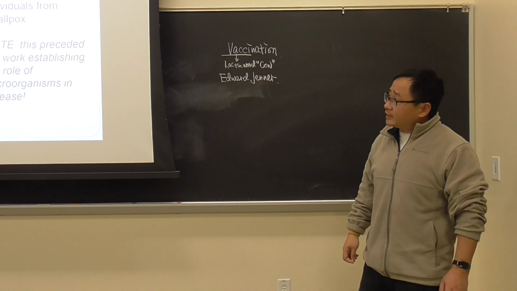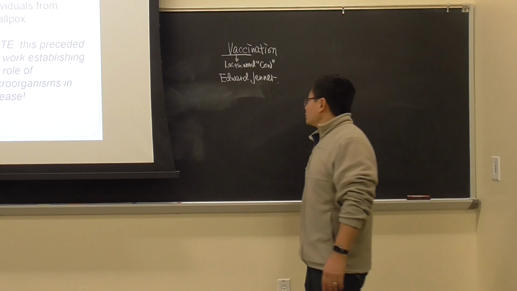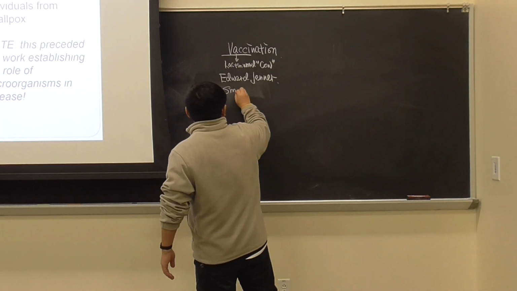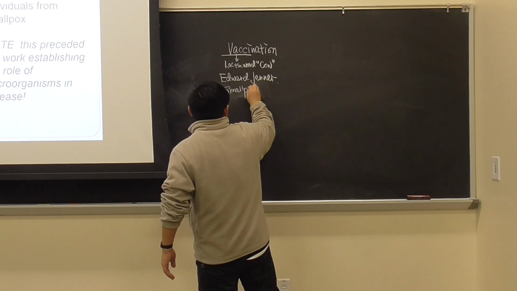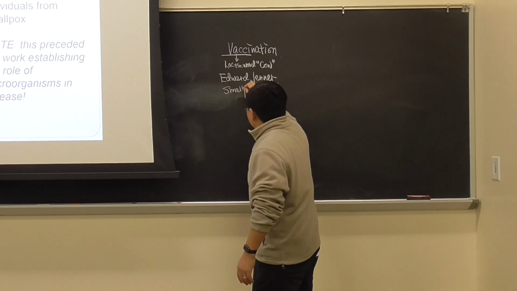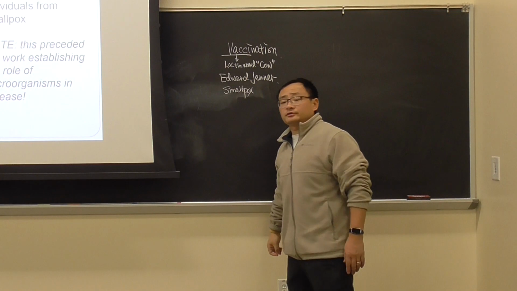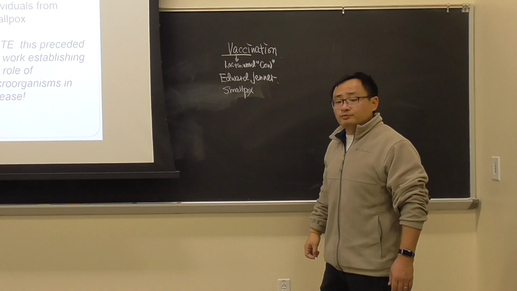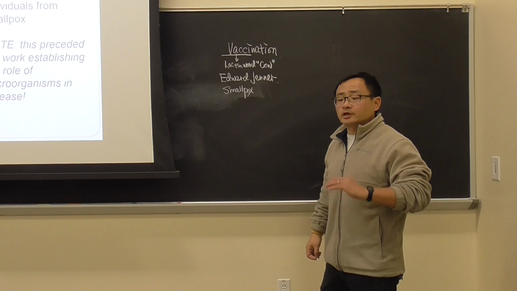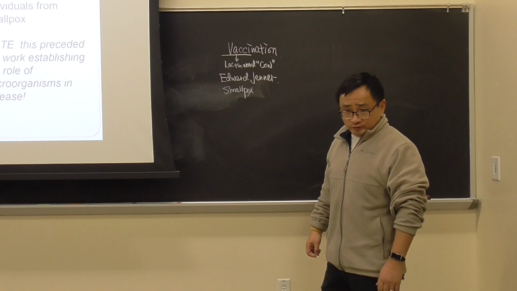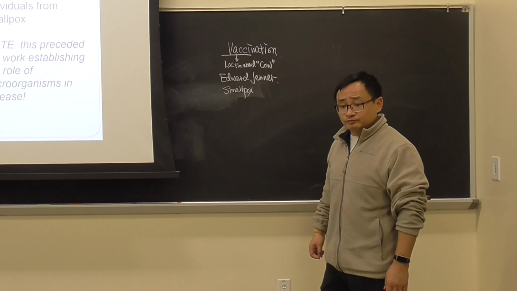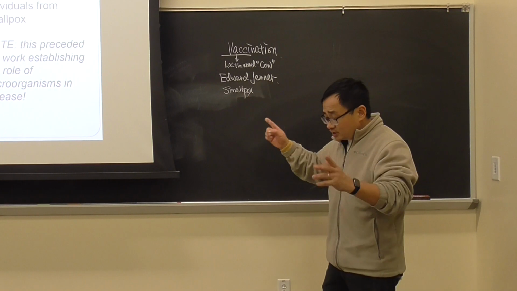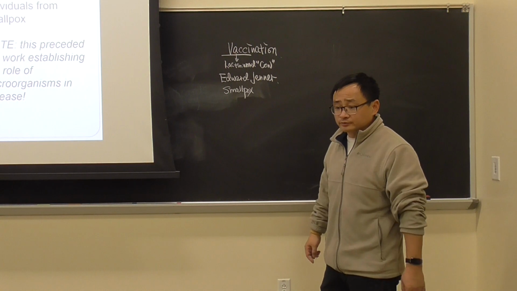So what happened? At that time smallpox was devastating the whole community, because millions of people died, as it destroyed the immune system. But what he found was very interesting.